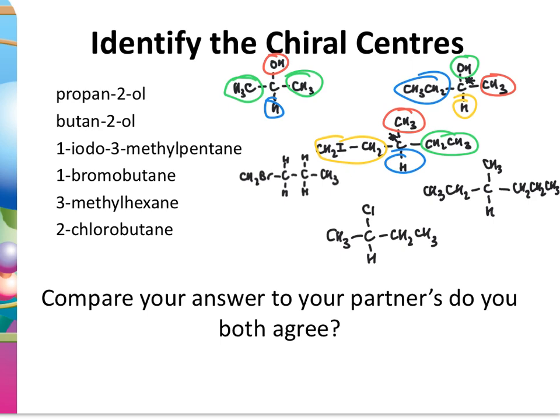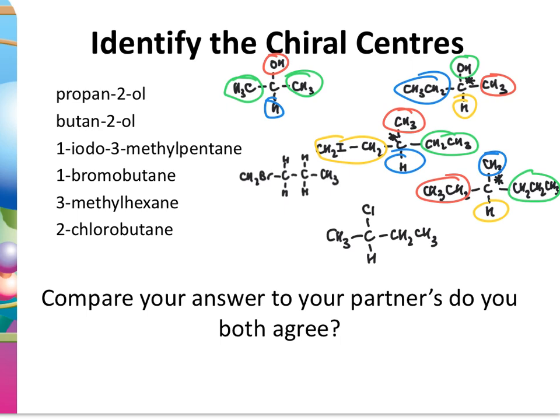What about 3-methylhexane? We have an ethyl group, a methyl group, a propyl group, and a hydrogen. So yes, we've got a chiral center there. Okay, asterisk that.